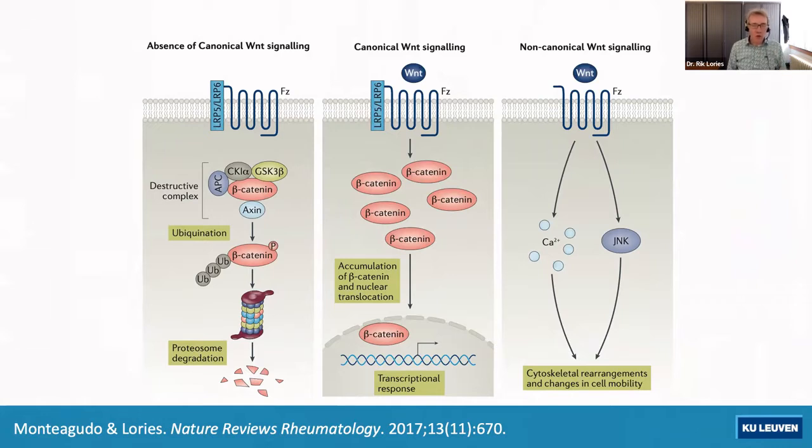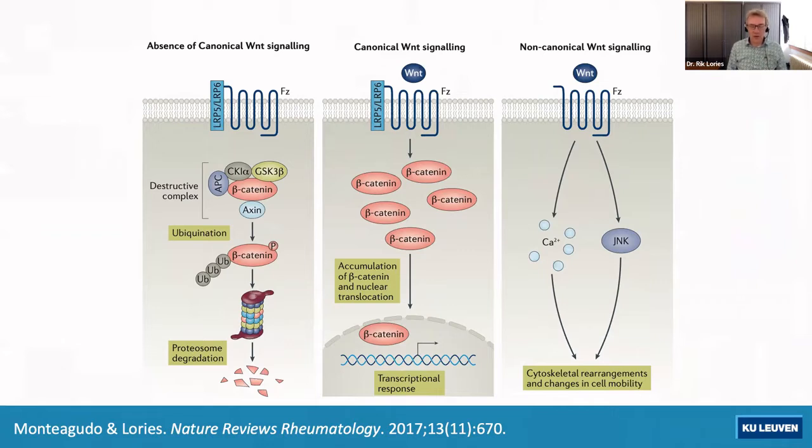Now, very short on the signaling pathway: the typical Wnt signaling pathway is focused on a molecule called beta-catenin. Beta-catenin is normally a cytoplasmic molecule, and when the Wnt binds to its receptors, which feature a frizzled receptor and a co-receptor, beta-catenin will be stabilized in the cytoplasm. It will accumulate and go to the nucleus.